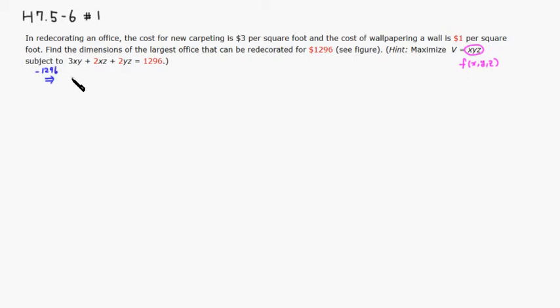So we have 3xy plus 2xz plus 2yz minus 1296 is equal to 0. Alright, so this is our g of x comma y comma z. Right, so that's right here.